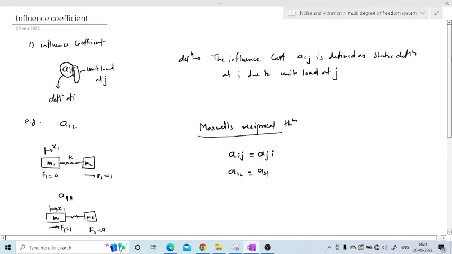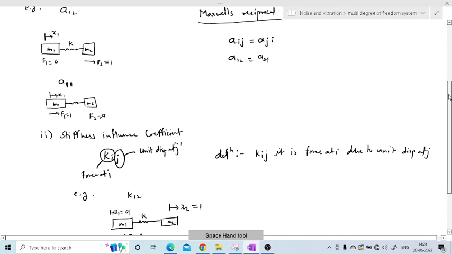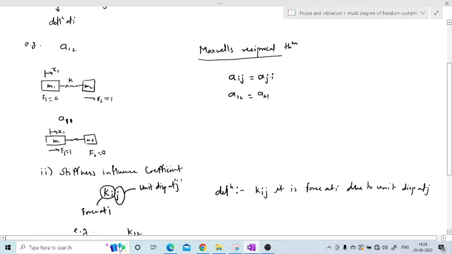This is the influence coefficient which is used to express the equation of motion in the multi-degree of freedom system. Suppose I consider three masses, a 3 degree of freedom system with 3 displacements.